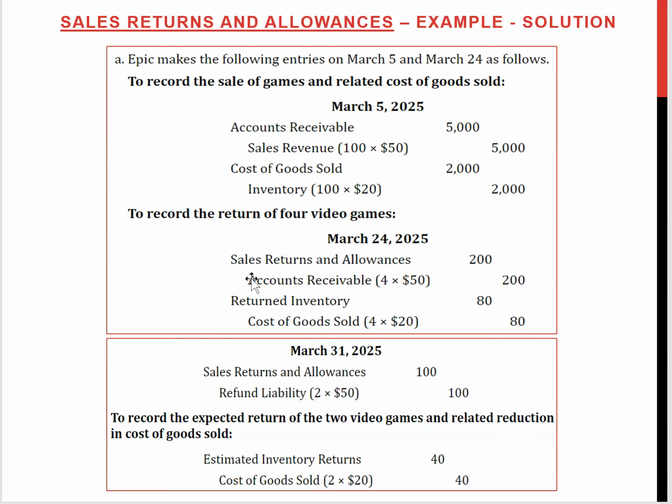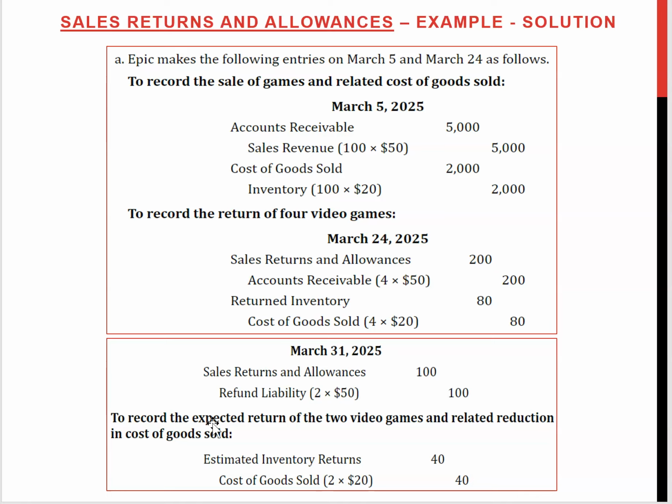Now remember, on March 31st, nothing happened, but they closed the financial statements and they have an estimation that 2 more games will be returned. So they will also record that estimation. Probably they know that because of the wrong gaming system, the 4 games were returned. The 2 other games are also the same wrong gaming system. Those will be returned.